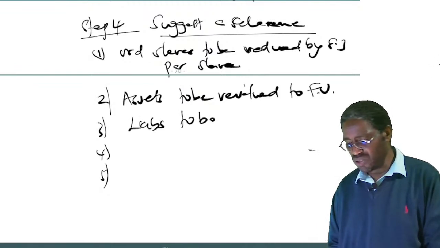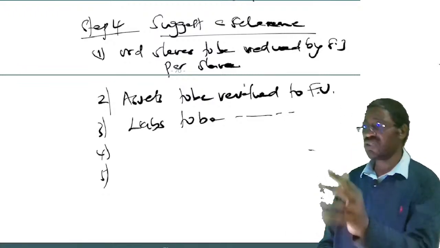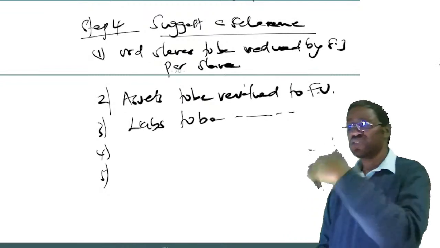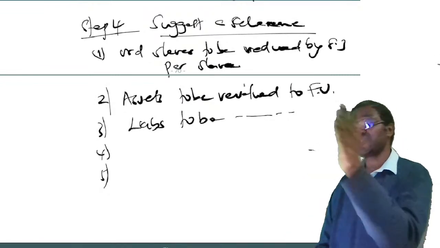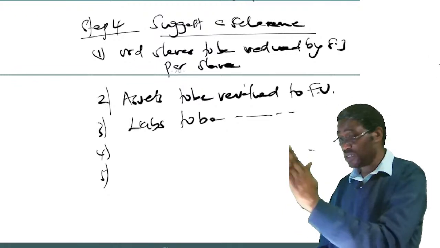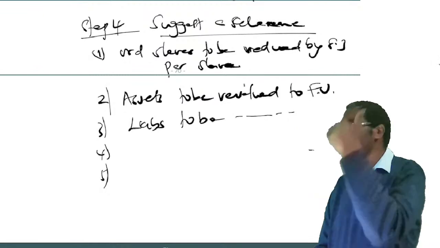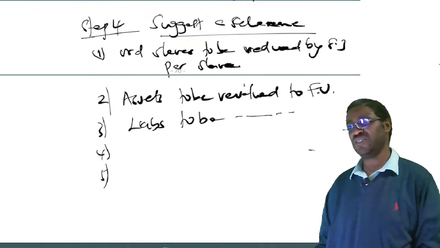Liabilities to be revalued to such and such amounts. So that when they are revalued, some of them will give me a gain, some of them will give me a loss. If there is an increase in liability, that's a loss. If there is a decrease in liability, that's a gain.